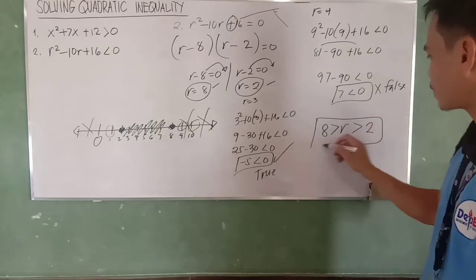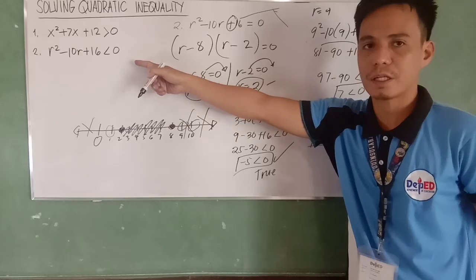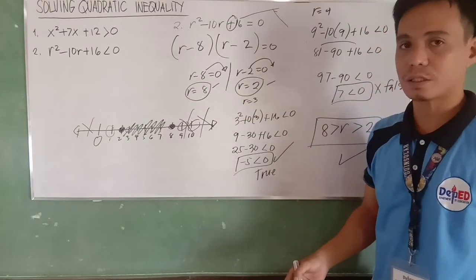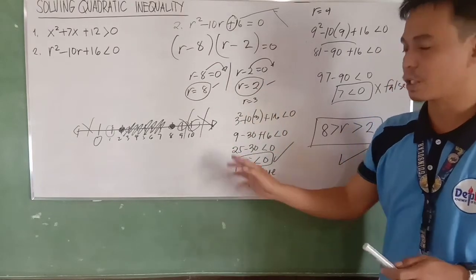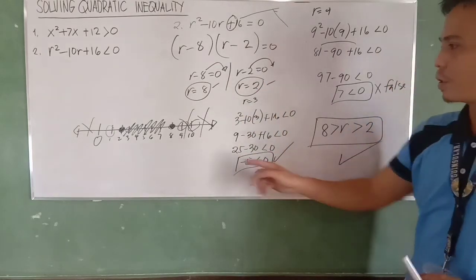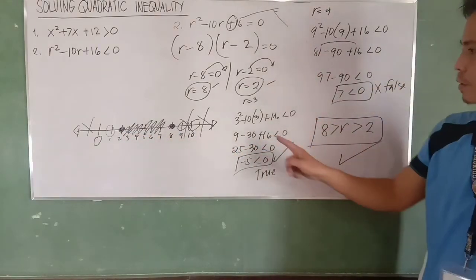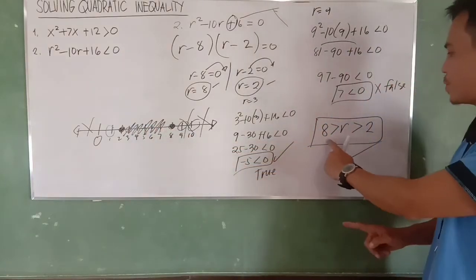Okay? So there you have it, guys. Our solution set for given example number 2, r squared minus 10r plus 16 is less than 0. Okay? So dapat marunong kayo gumawa ng ganito. Your r is greater than 2, but less than positive 8.